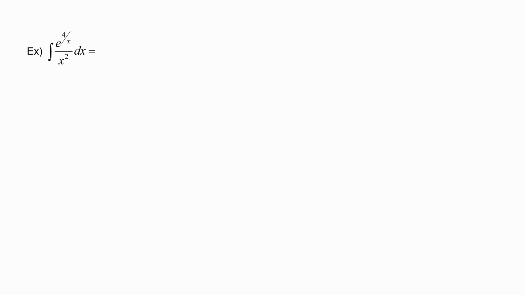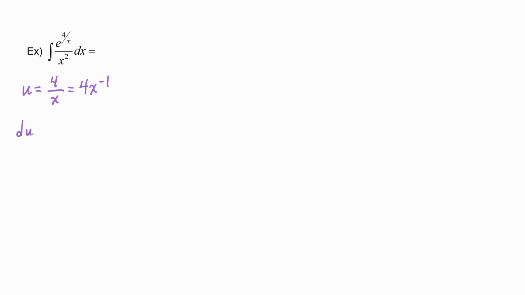Here we have to integrate e to the 4 over x squared dx. If we use this strategy where we let u be the inside of a composite function, then u would equal 4 over x, which is 4x to the negative 1.